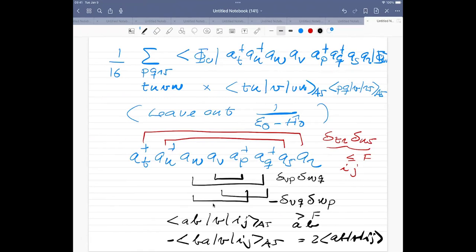The next set of contractions is where I keep the same two sets here, but now I change a_t and let that one go to a_s. Then I have this term over here, and that's going to give me a minus sign. But this just turns out to be equal to these equations.